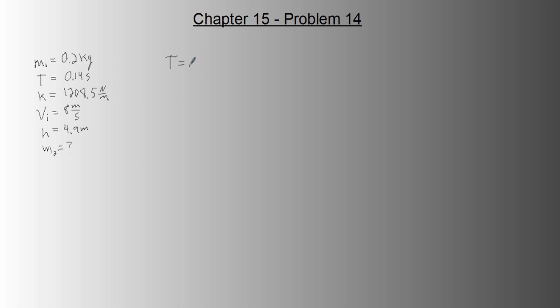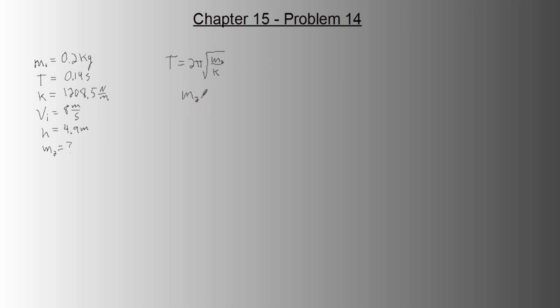So we got this relationship for period of an oscillator of a certain mass attached to a spring of a certain spring constant. And so this is going to be mass 2.